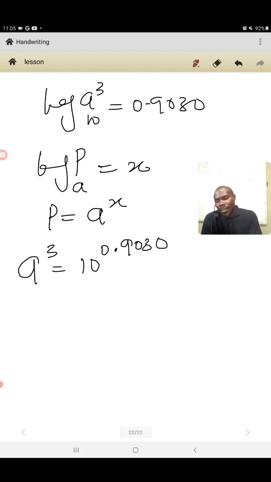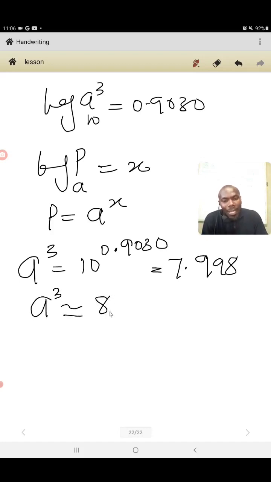So okay, let me find the 10 raised to power 0.9030. Approximately, the value is 7.998. So now you say a raised to power 3 is approximately 8.